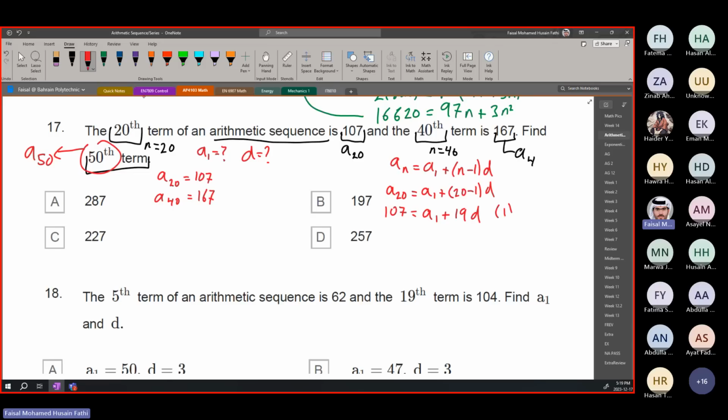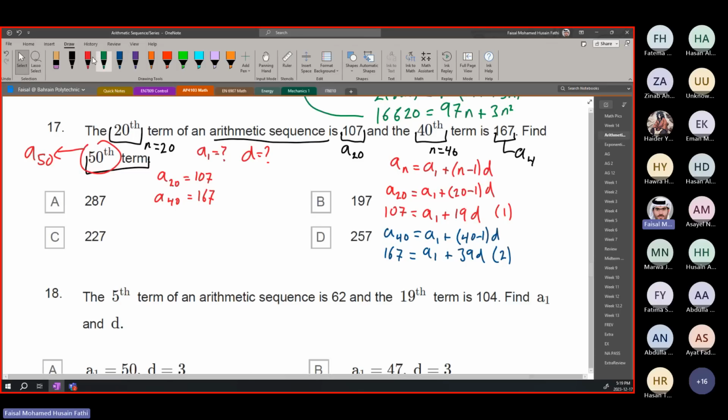This is our equation 1. Our equation 2 is A40 is equal to A1 plus 40 minus 1 times D. We substitute the value: 167 is equal to A1 plus 39D. This is our equation 2.